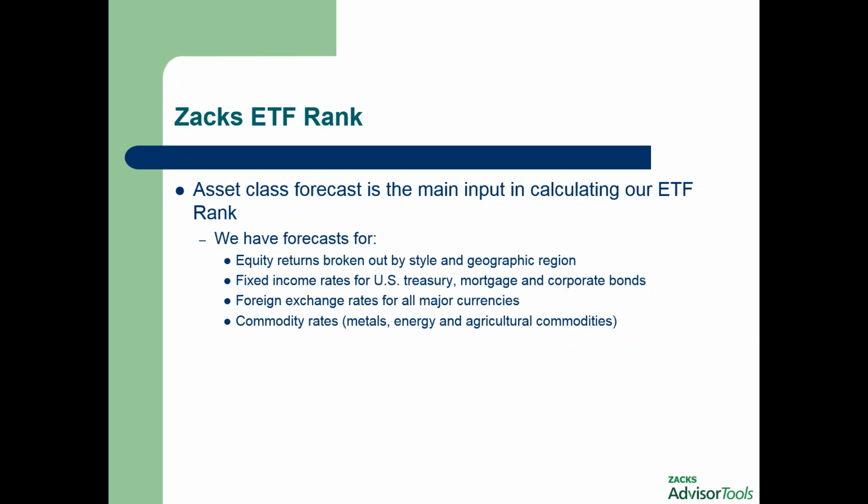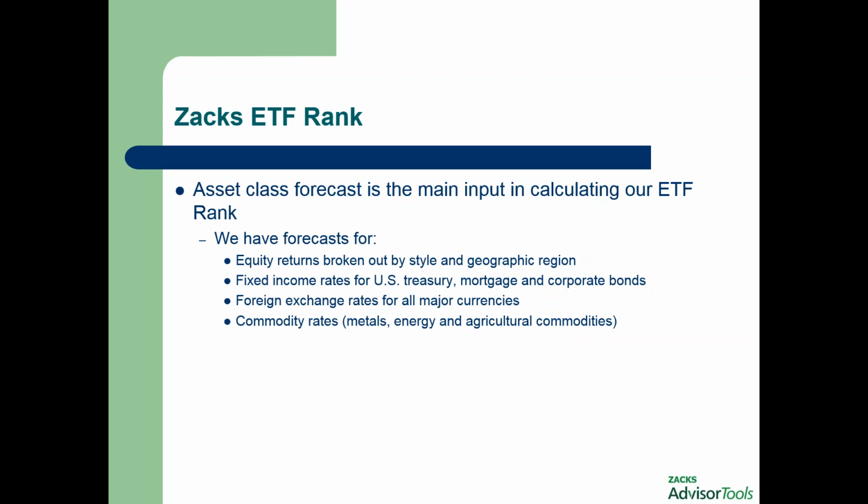And in making these forecasts, we do rely primarily on Zacks quarterly survey of sell-side investment strategists and buy-side CIOs. And additionally, we get inputs from senior investment strategists at Zacks and Consensus Economics, a London-based economic publication.